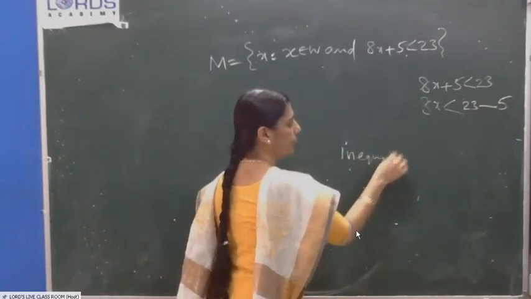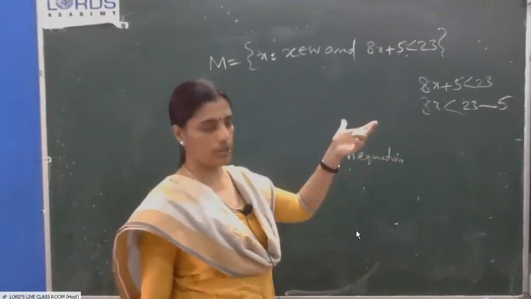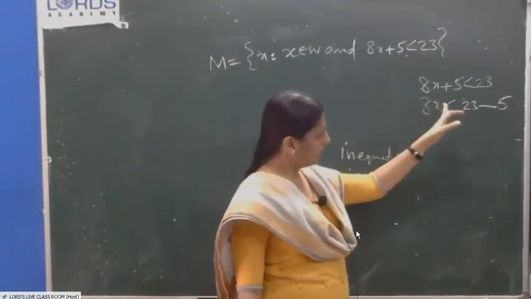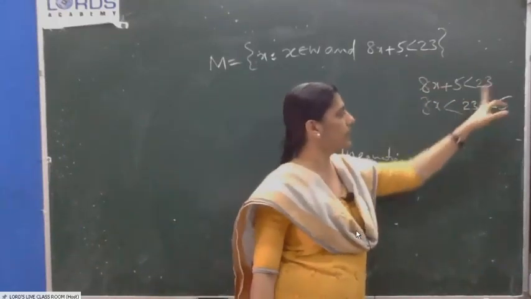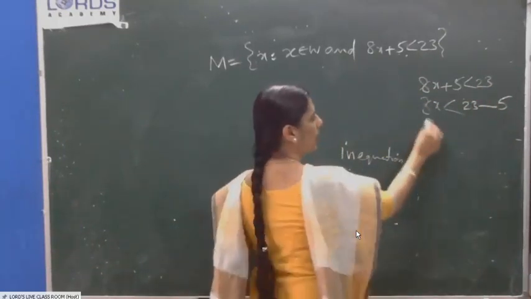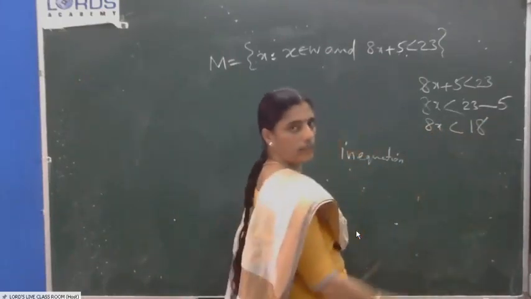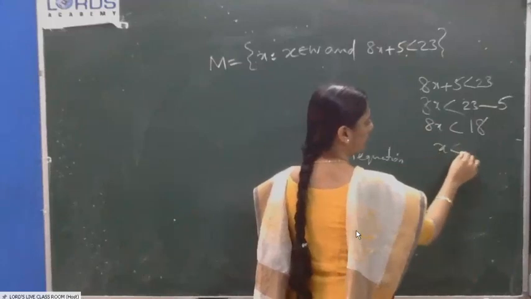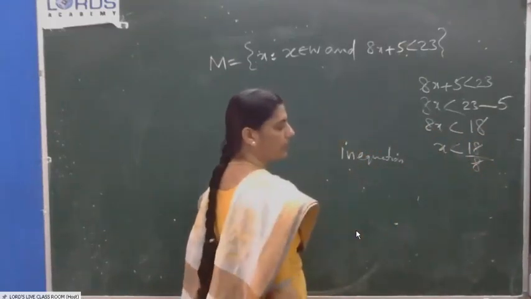Inequation is the opposite of equation, there is no equality sign. That you will study later. But we will do the same procedure. 5 will go to the other side, it will become minus 5. So 8x less than 23 minus 5, 18. X less than 18 by 8. 8 will go there for division.